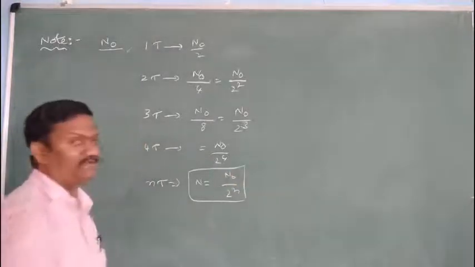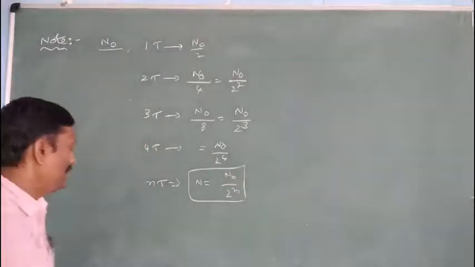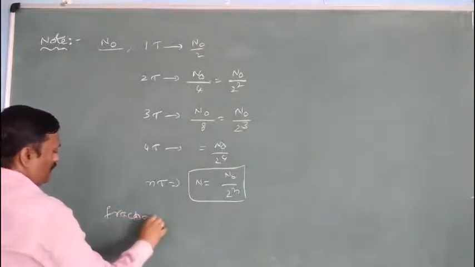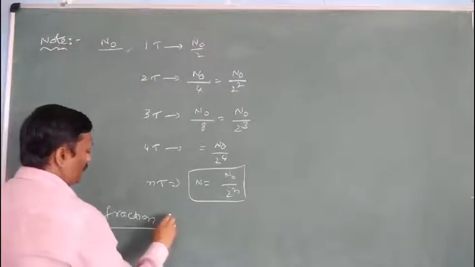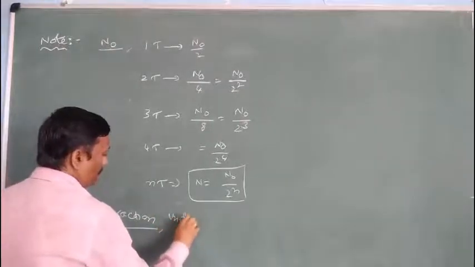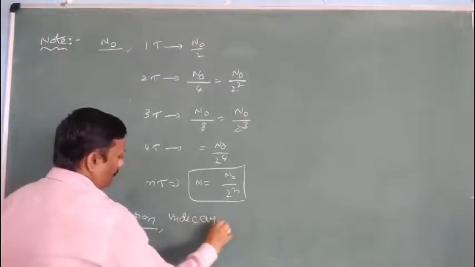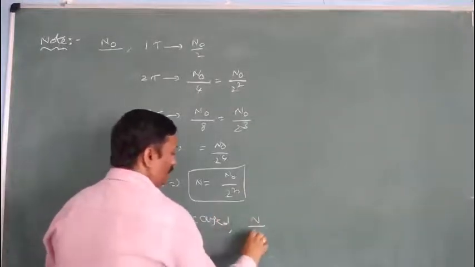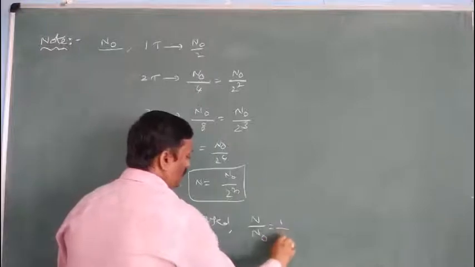After completion of n half-lives, the fraction of atoms undecayed, N by N naught, is equal to 1 by 2 power n.